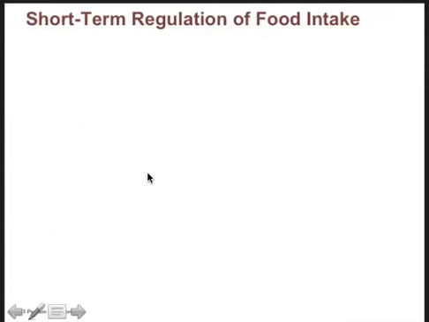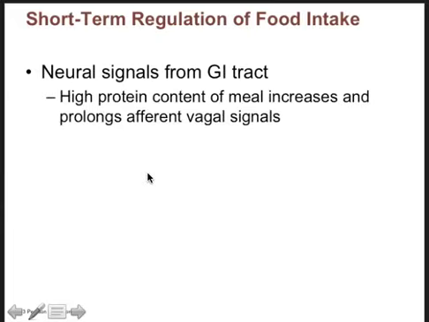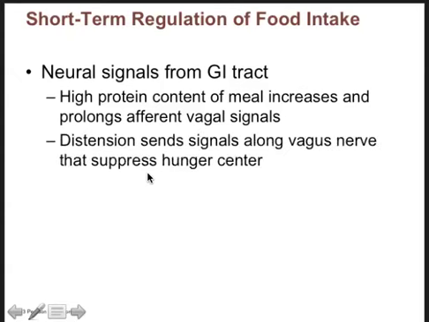So let's look at some of the neural signals that come from the GI. High protein content of a meal can increase and prolong afferent vagal signals, and distension can send signals along the vagus nerve that suppress the hunger center. So this is our satiety reflex. The idea that we eat until we feel full and then we stop.